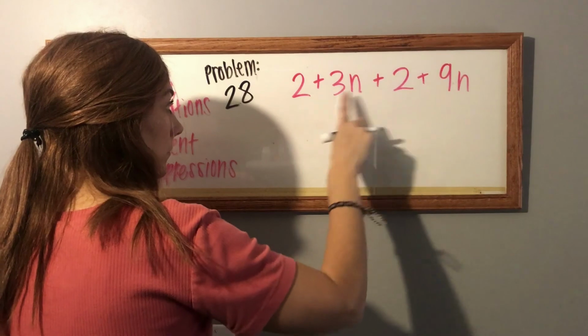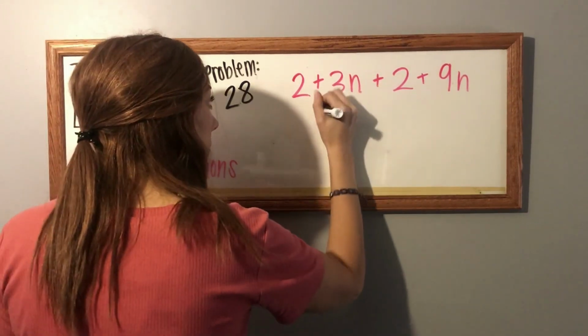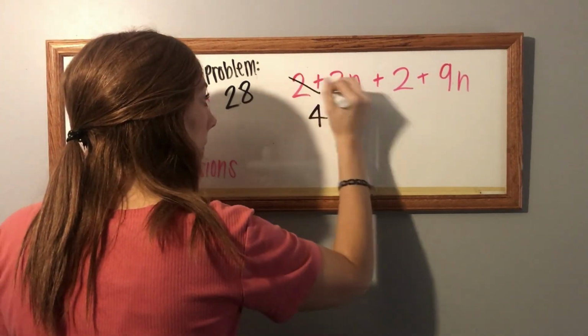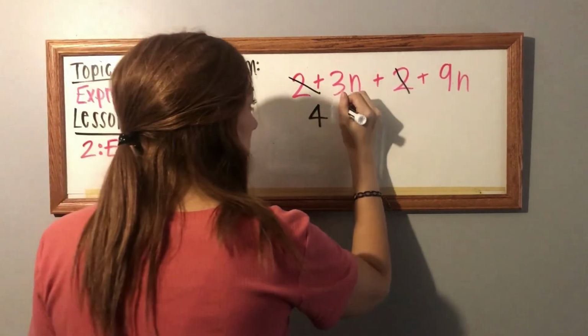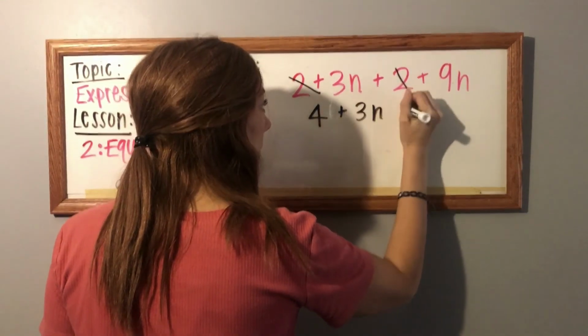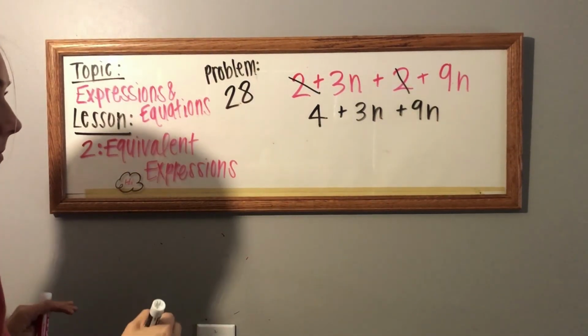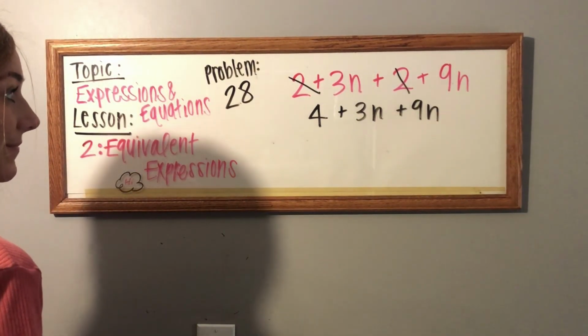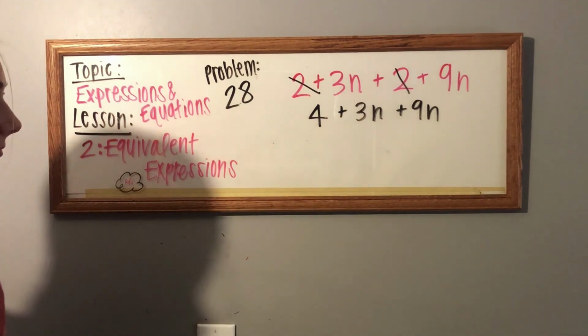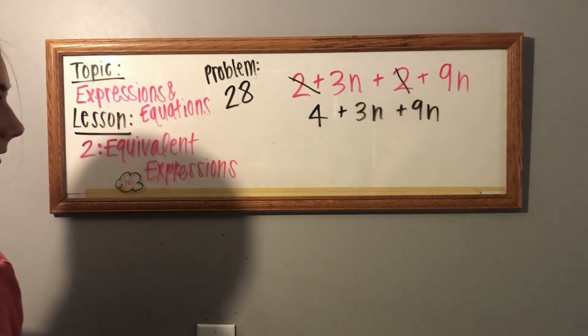I'm just going to quickly add 2 plus 2 together and get 4. So now I can go 4 plus 3n plus 9n. And remember, I am going to pull out my common factor here.